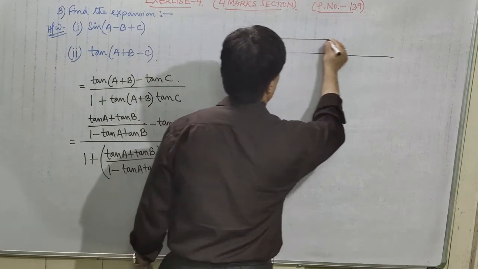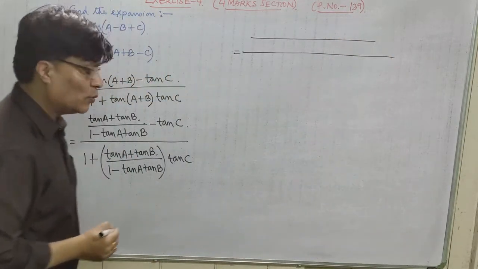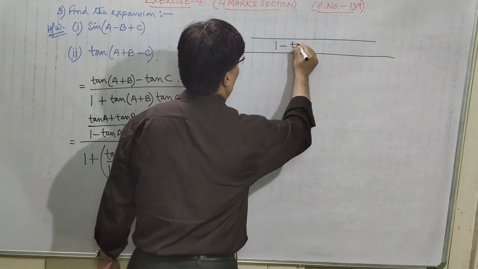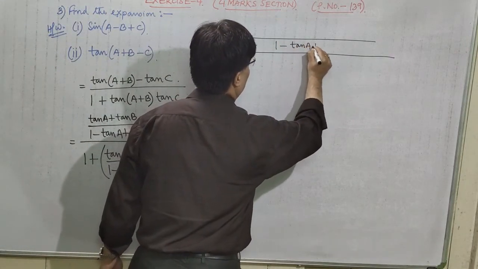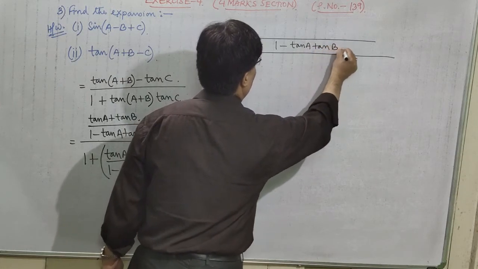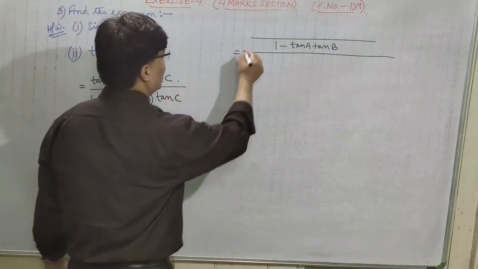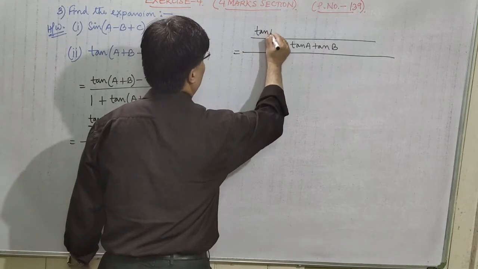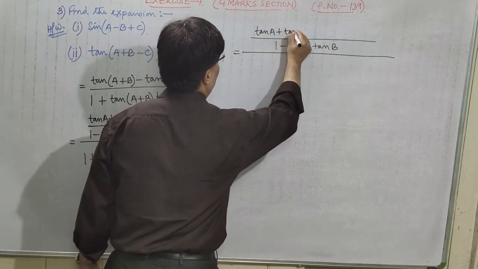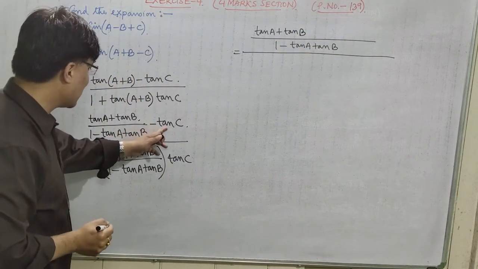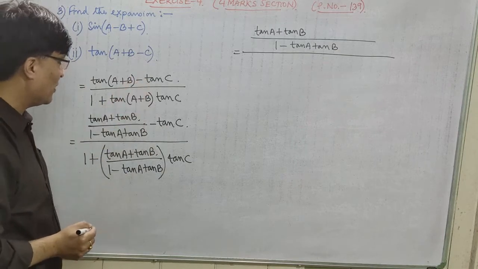So in the numerator, what's the LCM? It is 1 minus tan a tan b. So in the numerator we have tan a plus tan b, and this minus tan c should be multiplied by this LCM 1 minus tan a tan b.